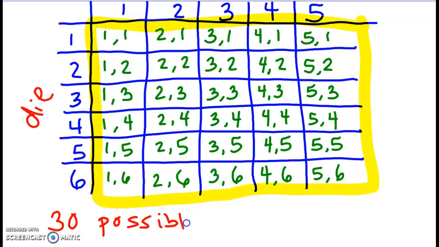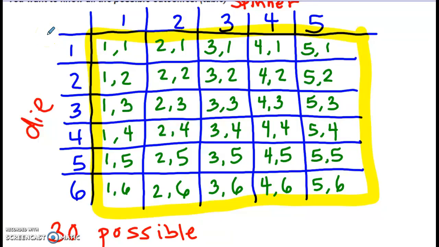Maybe you picked up on a little shortcut, and there's actually a name for it called the counting principle: if you have different events, you can multiply the number of possibilities for each event together to get the total number of outcomes. So there are 30 possible outcomes here.